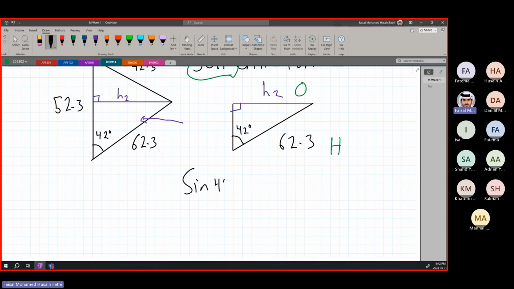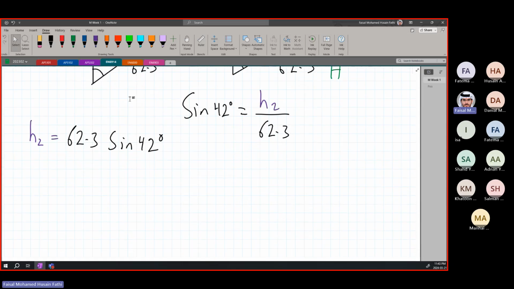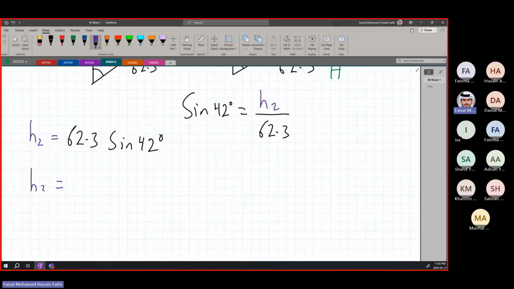Sine of 42 degrees is equal to opposite, which is H2, over the hypotenuse, which is 62.3. If we rearrange this, H2 is going to be equal to 62.3 times sine of 42 degrees. And it's 41.7 meters.